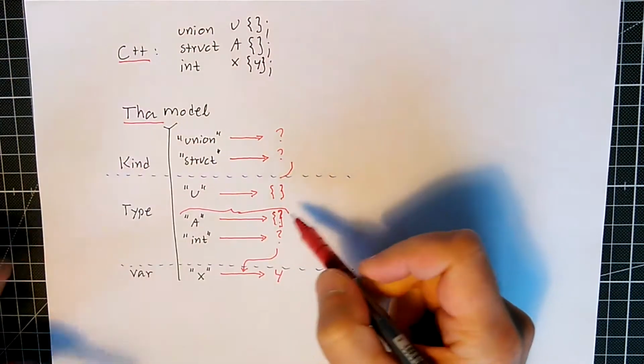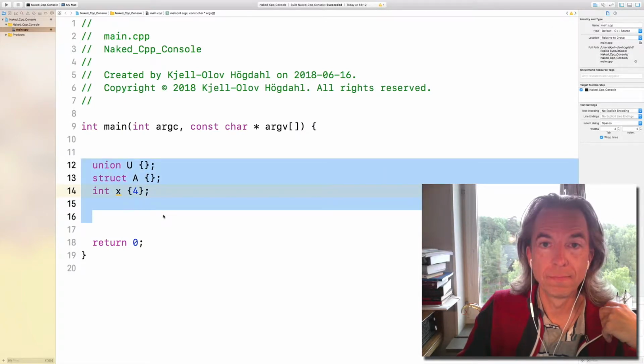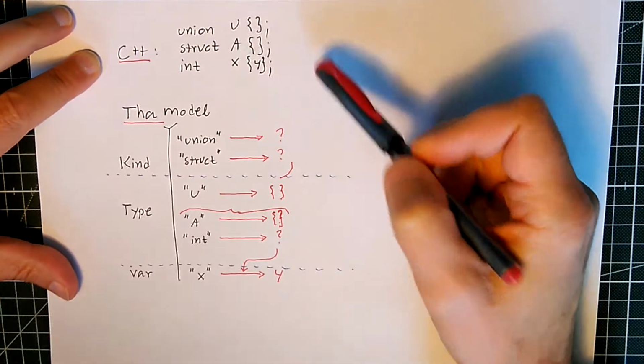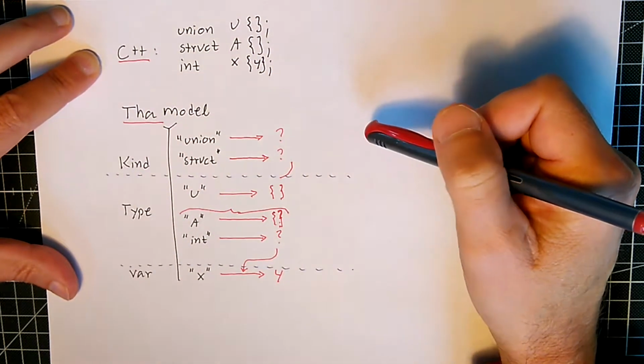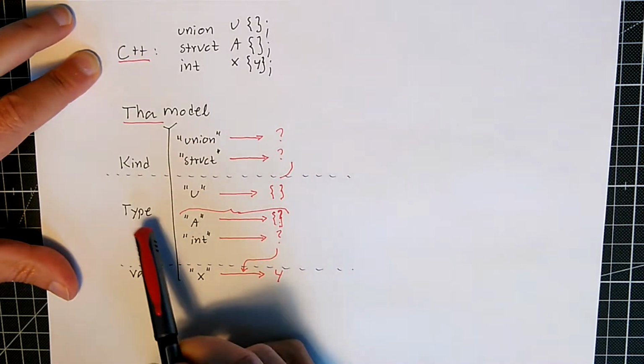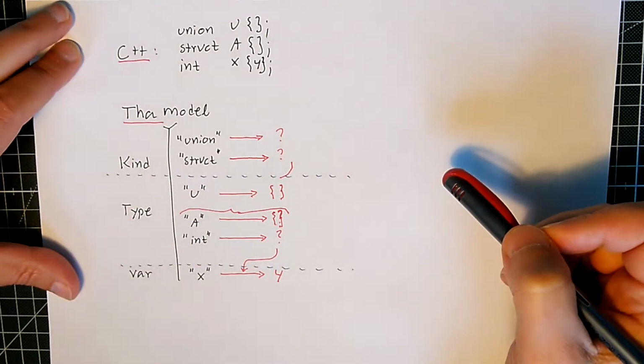So we know the contents of these two. So far so good. Seems nice, and I actually think I know pretty surely that this is straight off the type theory that you can read about, where you have the variables here, you have the types, and you have the kinds, and they have this interesting relation.